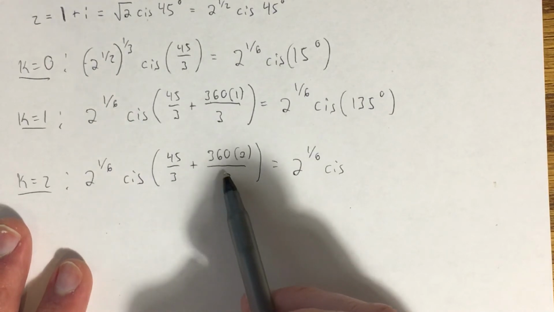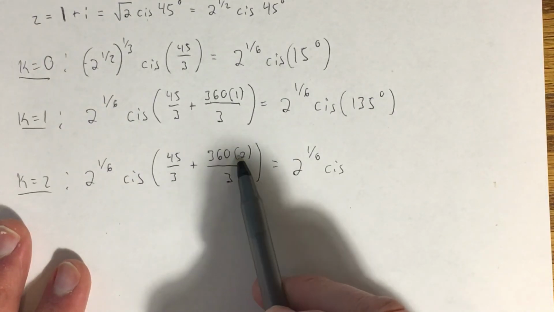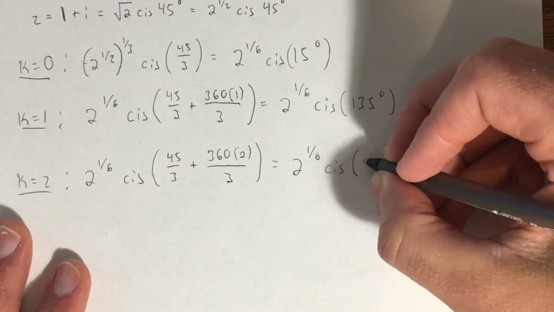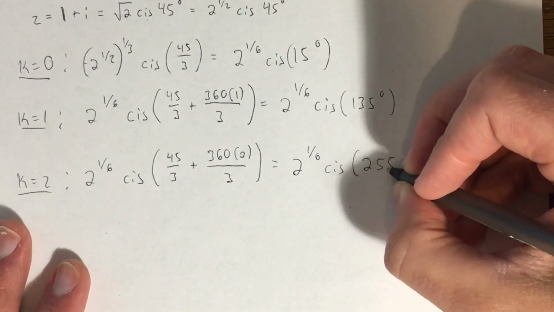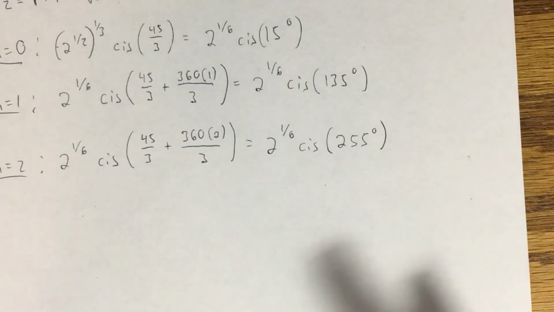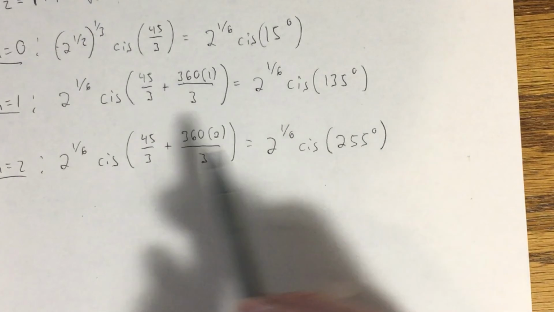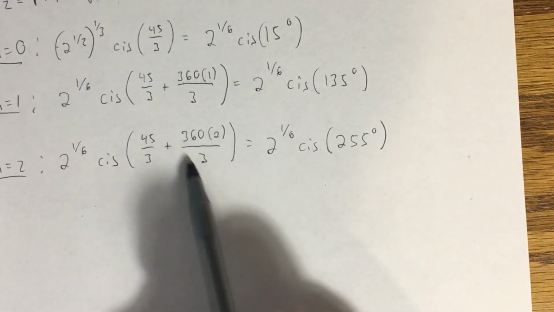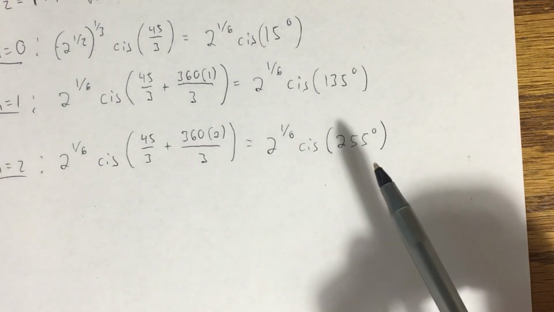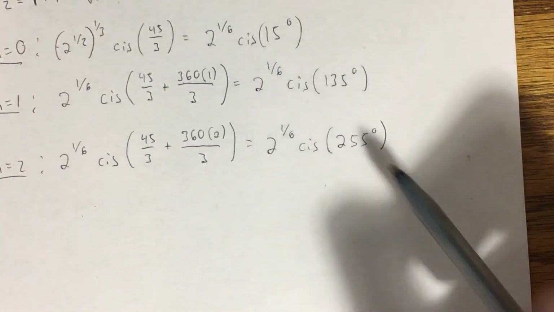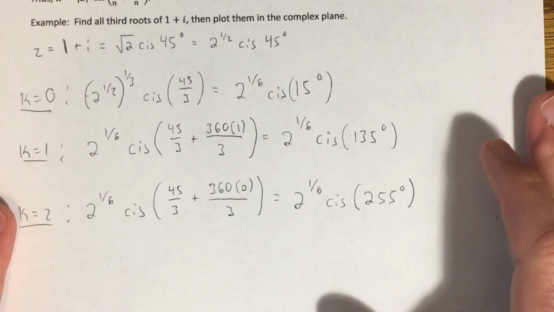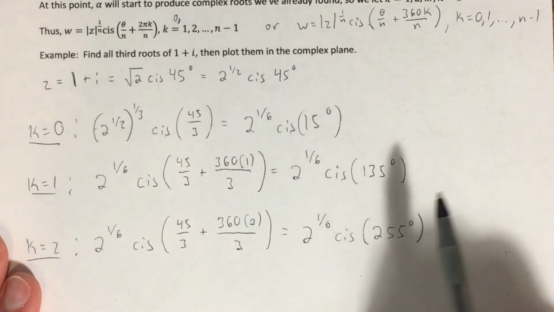So this is going to be 240 plus 15 would be 255. Okay? And make sure I got that right, yeah. 240 plus 15, yeah, 255 degrees. These would be the three complex numbers that we get as roots for that original complex number 1 plus i in polar form.